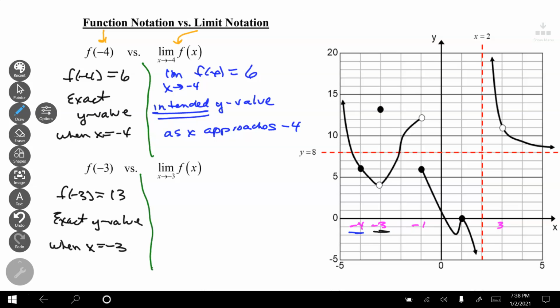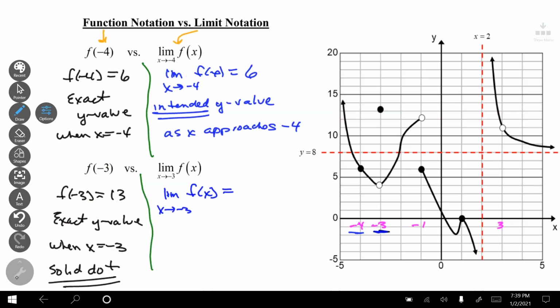Now it's going to be a little bit different over here. So when I go to x equals negative 3, I notice for my value I had 13 because there's a solid dot here. There's a nice solid black dot.